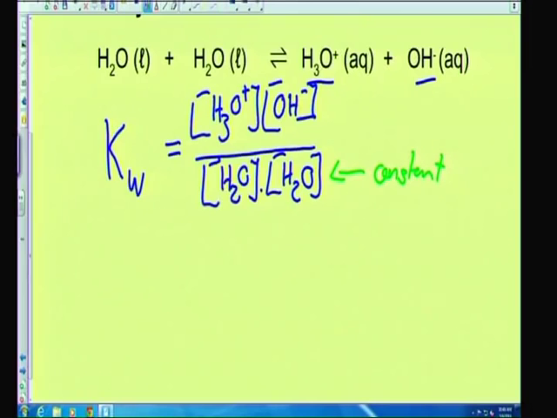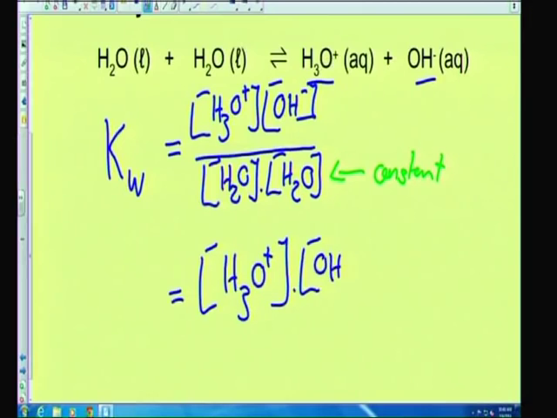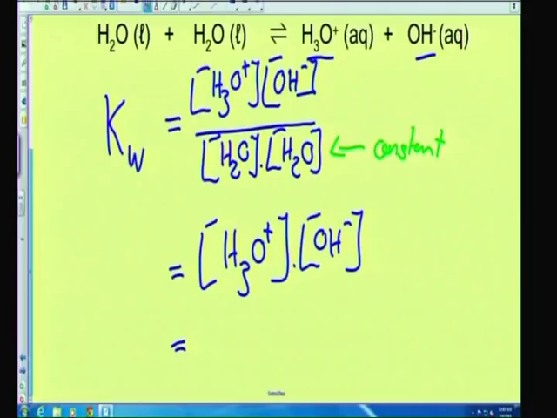So I'm going to simplify the Kw expression and simply say Kw is the hydrogen ion concentration times the hydroxide ion concentration. I hope that's clear. Make sure that you've got that. The next step is that people have measured that particular Kw value, sometimes called the ionization constant of water, or sometimes just Kw.